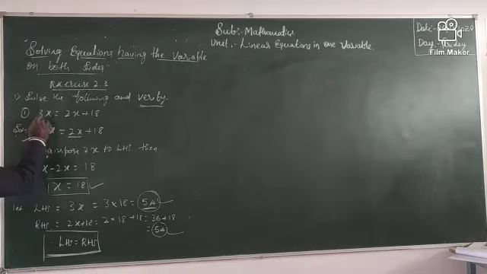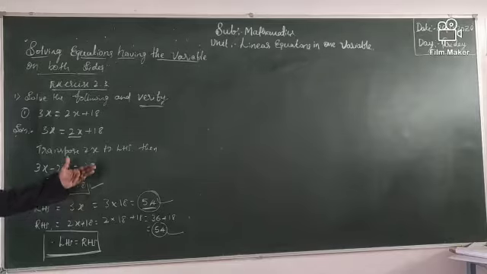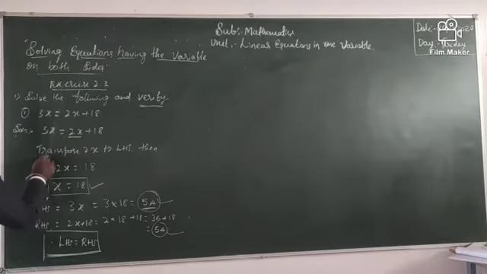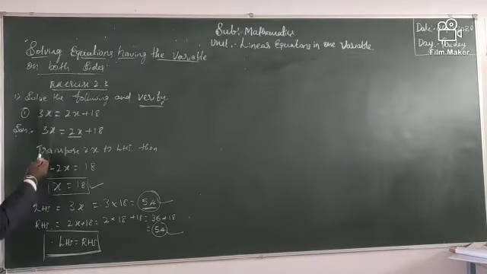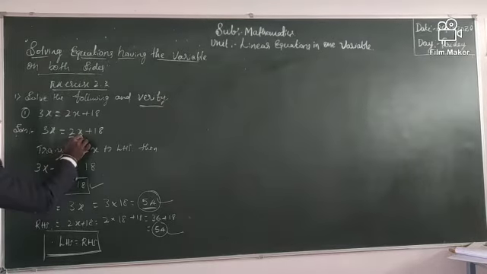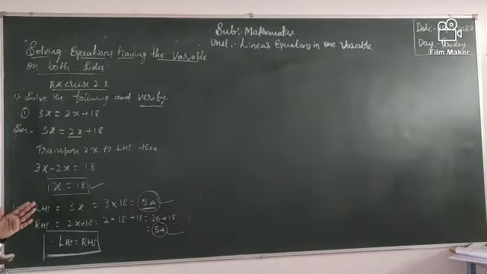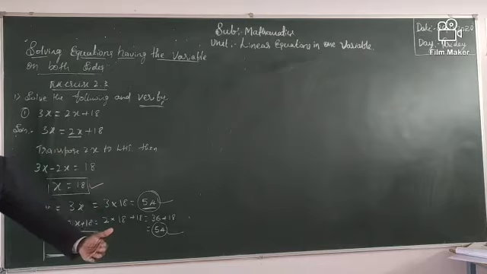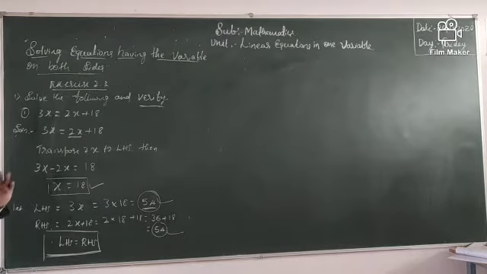Look here, the given problem: solve the following and verify. 3x equal to 2x plus 18. Here again we write the problem as it is. The next step is to transpose 2x. That means we have to separate the variables to the variable side and constants to the constant side, whether it is the RHS or LHS.